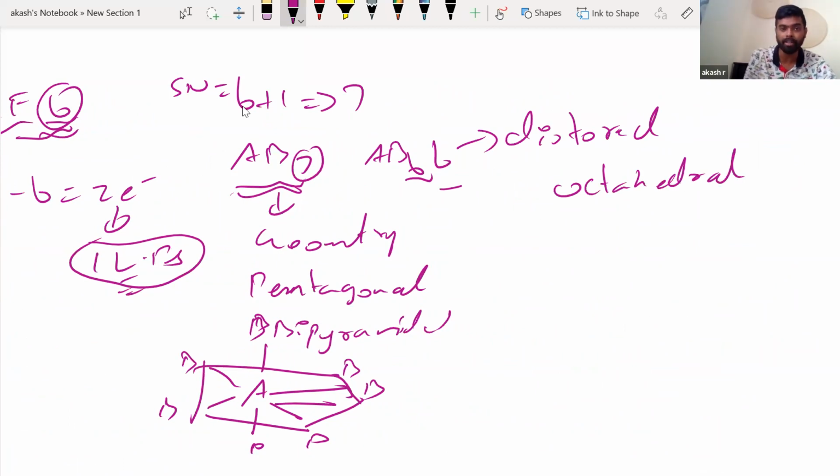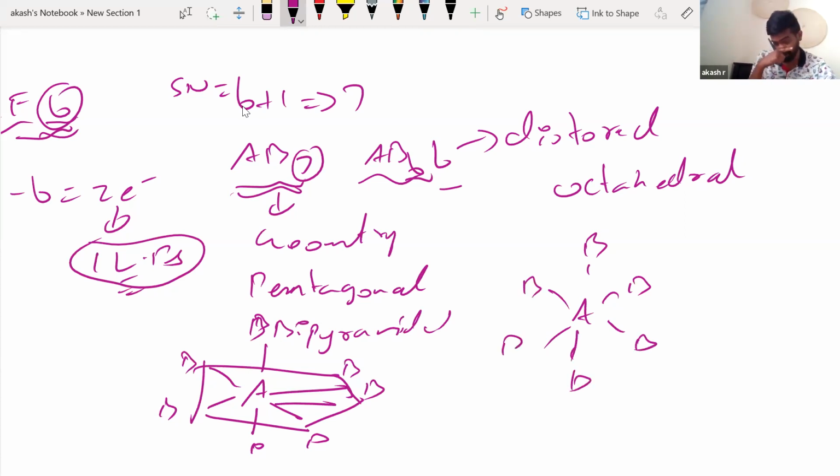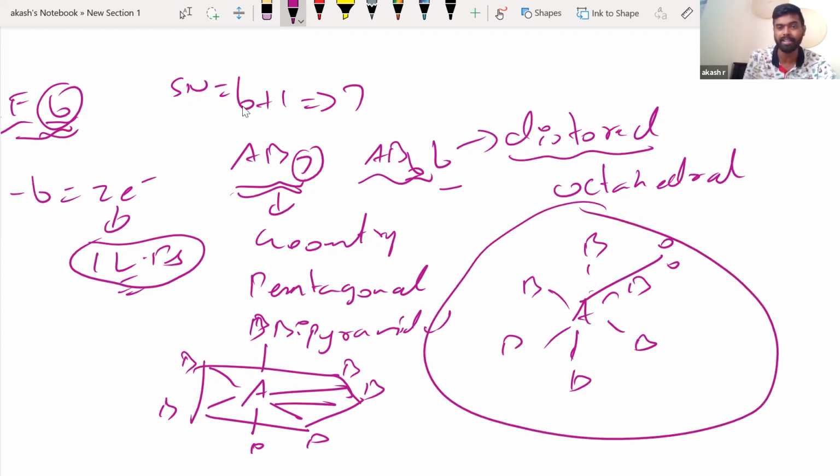Distorted octahedral, because when I have AB6, people, just now we saw in the previous case, this is fine, this is octahedral. Now somewhere, if I put a lone pair, this entire structure gets distorted. So that is why we call it distorted octahedral.